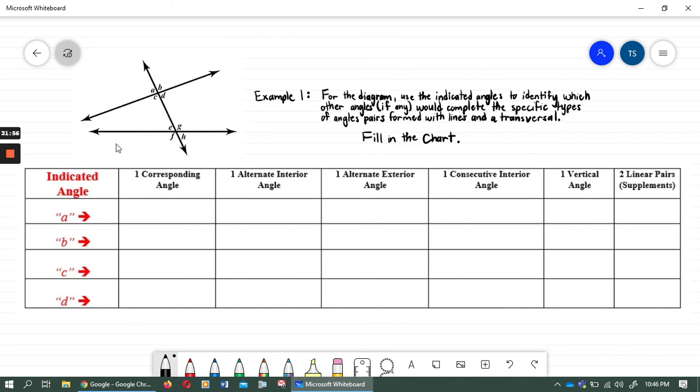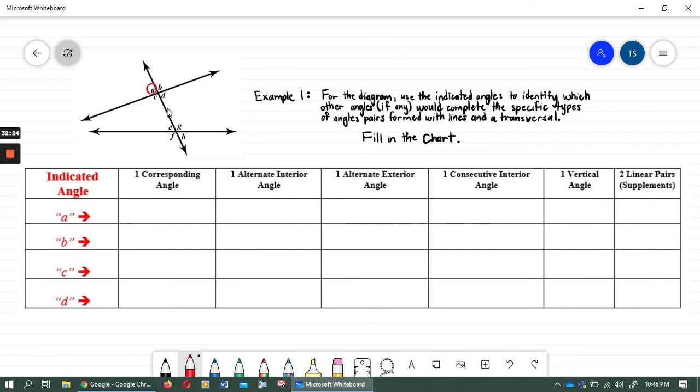So if we were going to look at angle A, I'm going to look here at this angle A real quick. I've got angle A circled, and if we had to pick one other angle that would be a corresponding angle with angle A, which angle would that be?